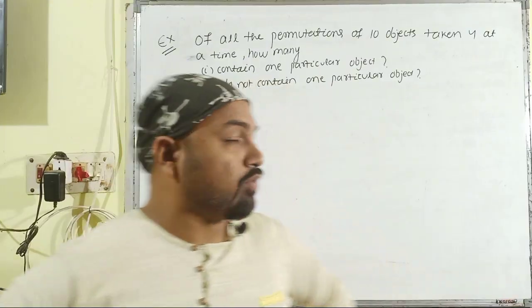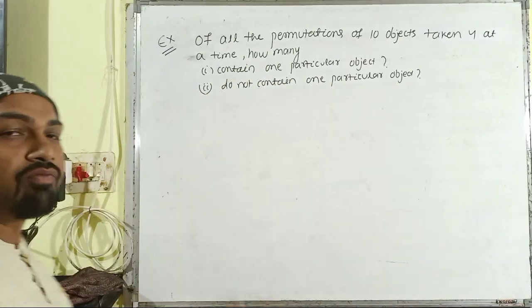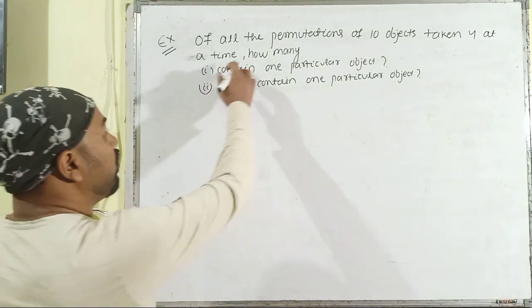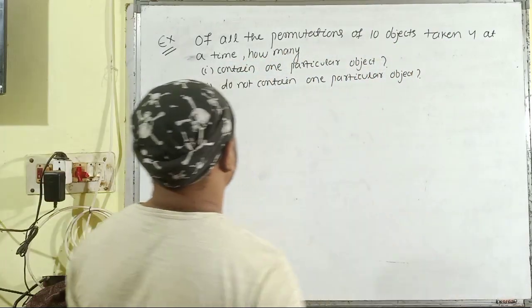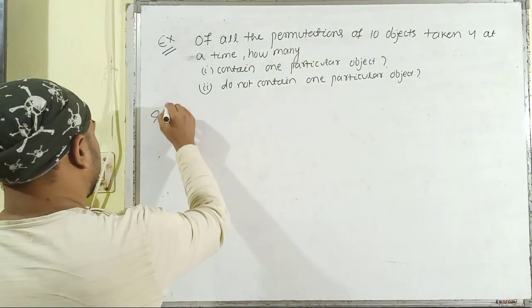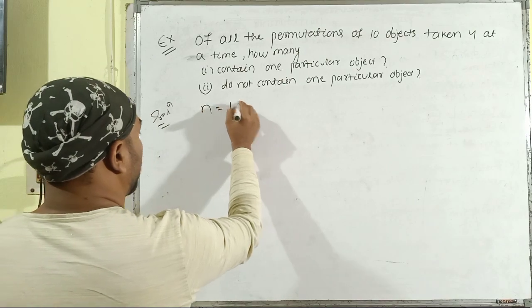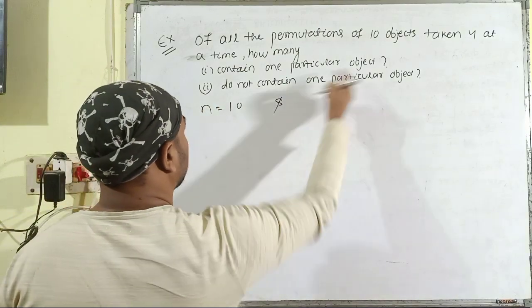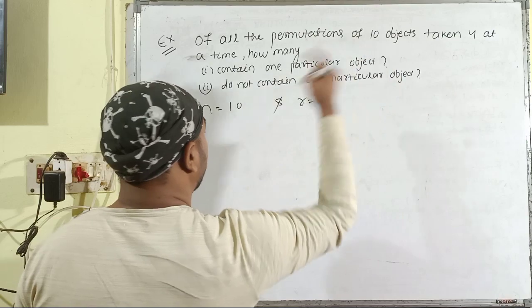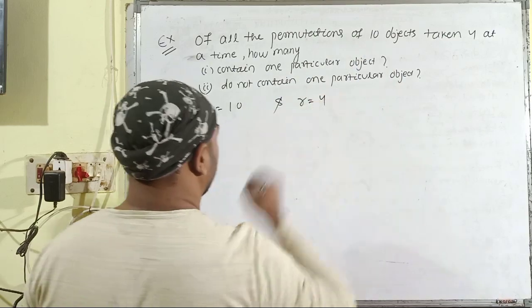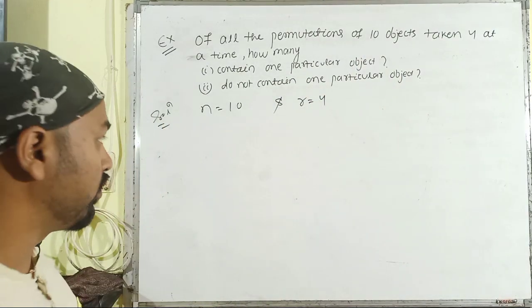So here is the first problem based upon restricted permutation: all the permutations of 10 objects taken 4 at a time. That means the number of objects n is equal to 10 and we have to choose 4 at a time, that means r is equal to 4.